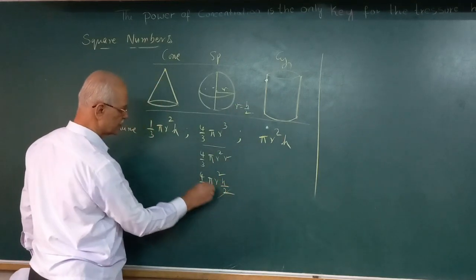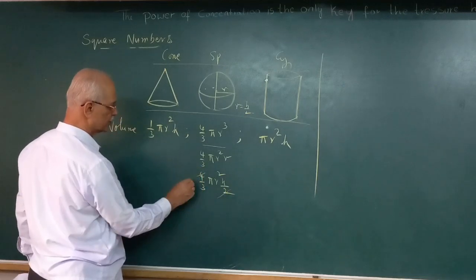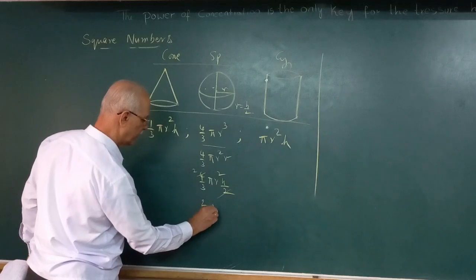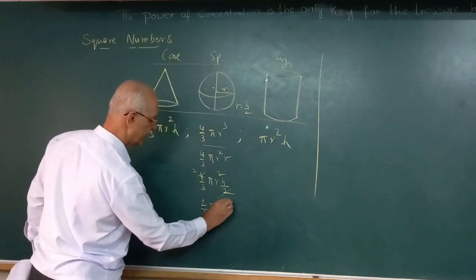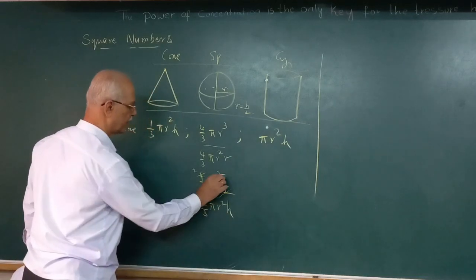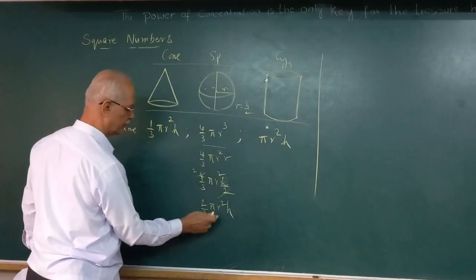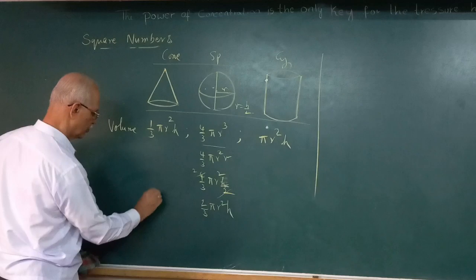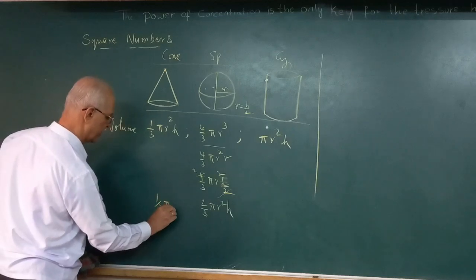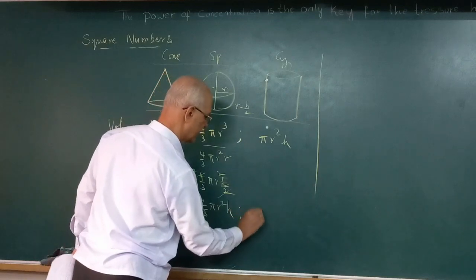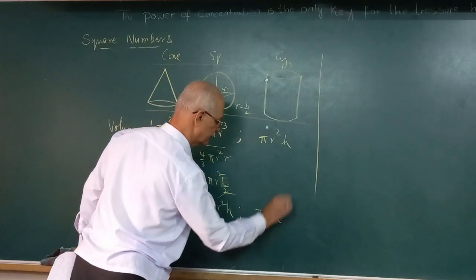You cancel this 4 with this 2. What is the answer? 2 by 3 pi r squared h. Cylinder, pi r squared h. Cone, 1/3 pi r squared h.